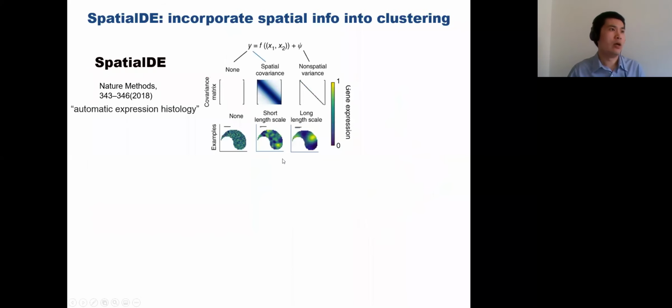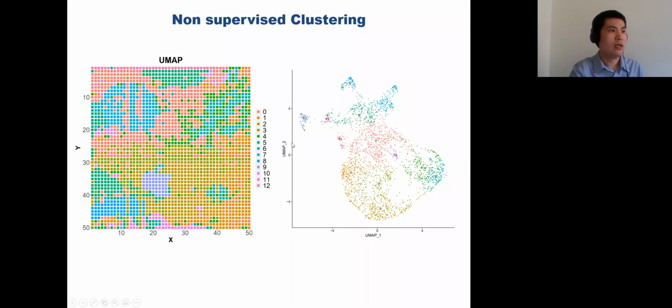And we adopted another technology developed in 2018. It's called SpatialDE. What SpatialDE does is incorporate spatial information into the clustering. Previously, when we clustered, we just treated each of the spots as a cell. We didn't incorporate the spatial information into it.